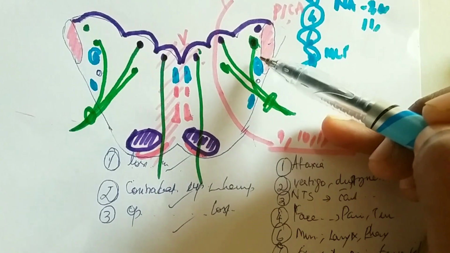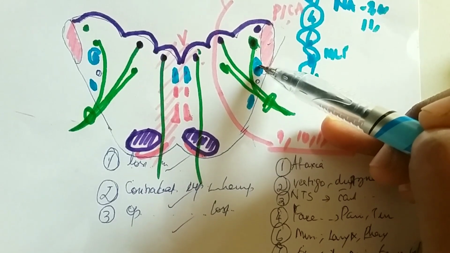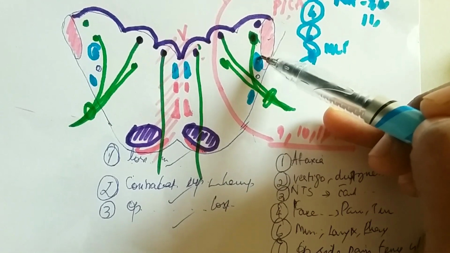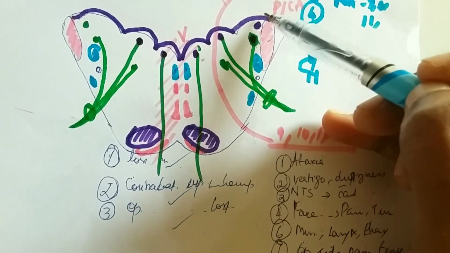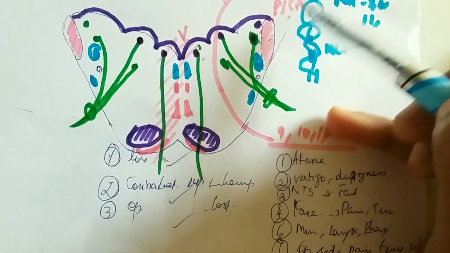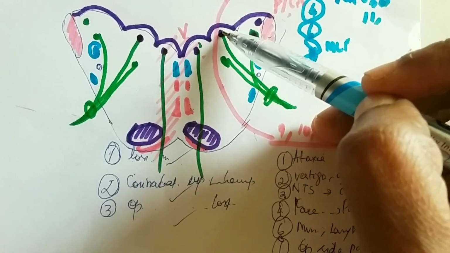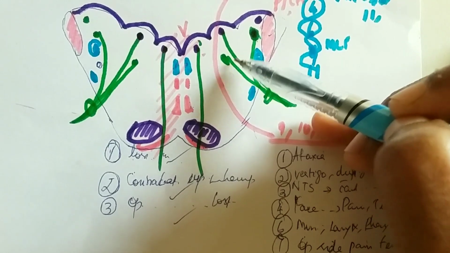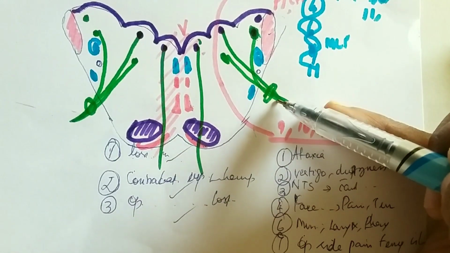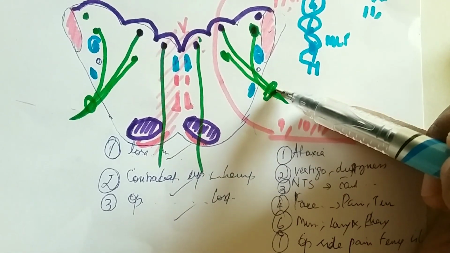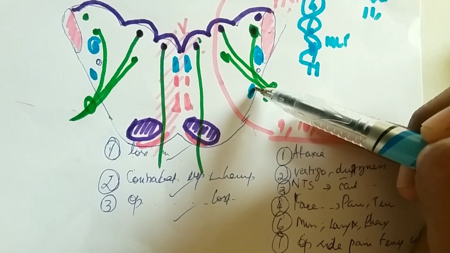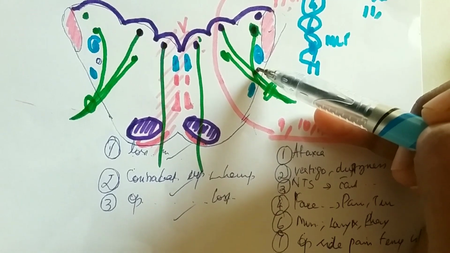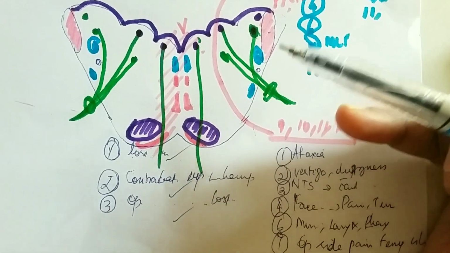Just below that is the spinal nucleus and tract of trigeminal, and then all the three together. Leave it and then come here, and this is dorsal nucleus of vagus, and this one is your nucleus ambiguus. You have to connect all these three because all the nerves are together only. And then down you have to draw the spinothalamic tract. Last you should draw one small circle for the sympathetic nerve.